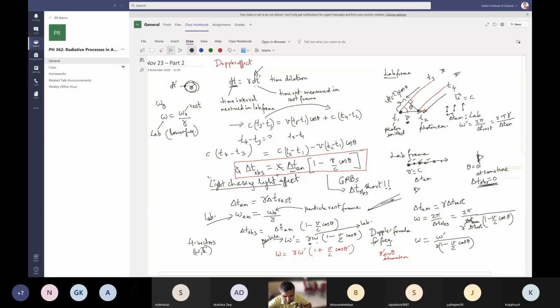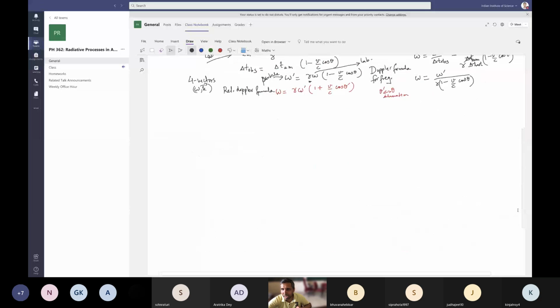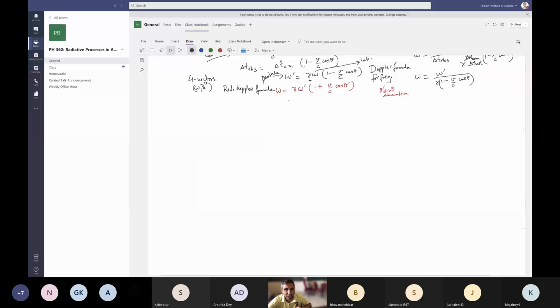So this is from lab to particle. This is from particle to lab. This is the Doppler formula, the relativistic Doppler formula. And you see, in the normal Doppler formula, we have to know the speed of the observer and emitter relative to the medium in which the wave is traveling.